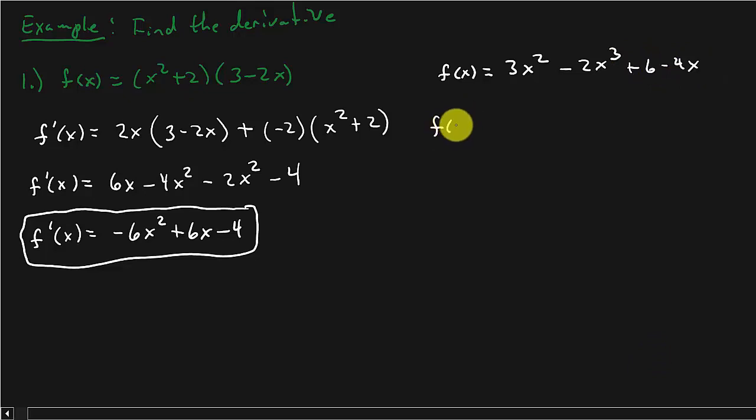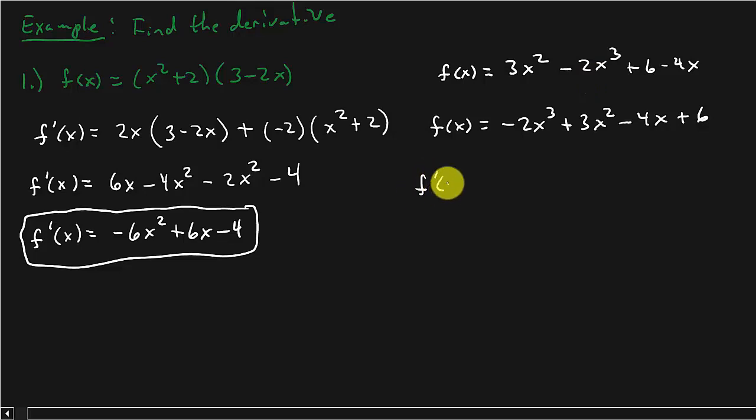And so that's going to give me f of x is equal to negative 2x cubed plus 3x squared minus 4x plus 6. All right, so we multiplied it out and we basically rearranged the terms. We couldn't combine anything. So now that we have it multiplied out, let's take the derivative.